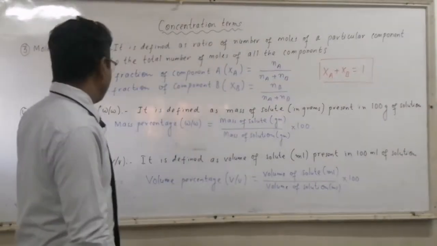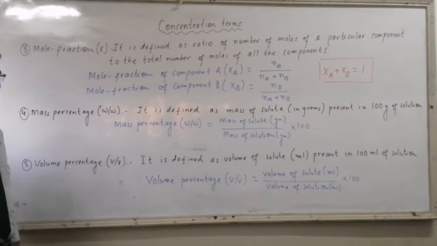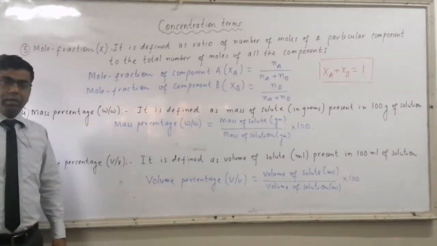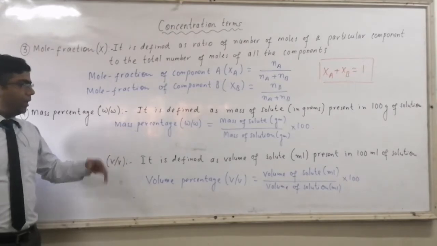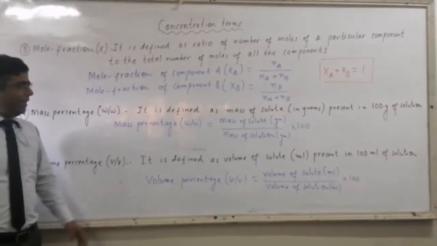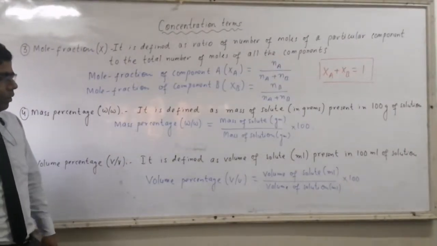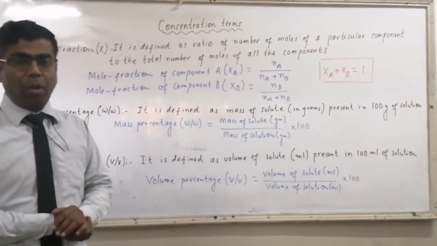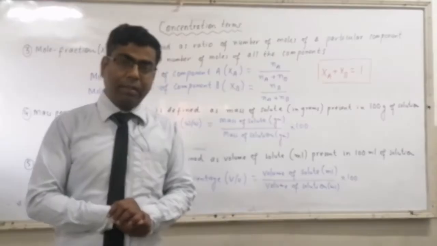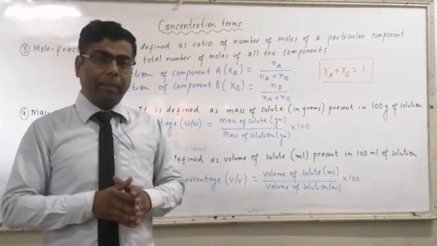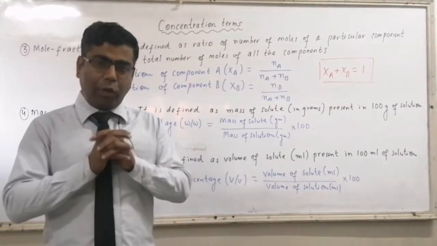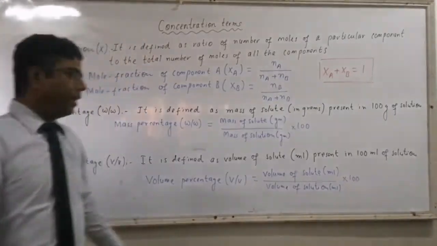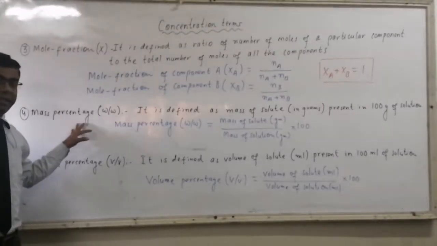Then we have mass percentage, represented as W by W. Definition: it is defined as the mass of solute in grams present in 100 gram of solution. As we are calculating the mass of solute per 100 gram of solution, that's why this is called mass percentage.